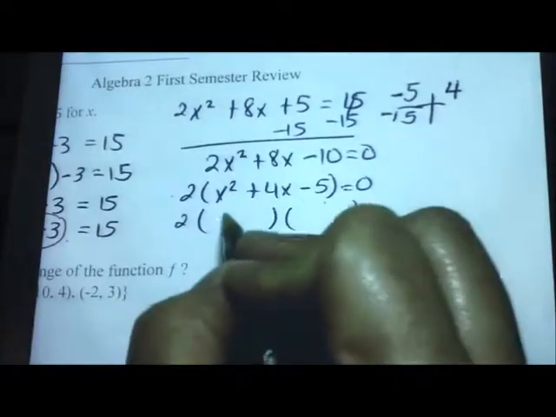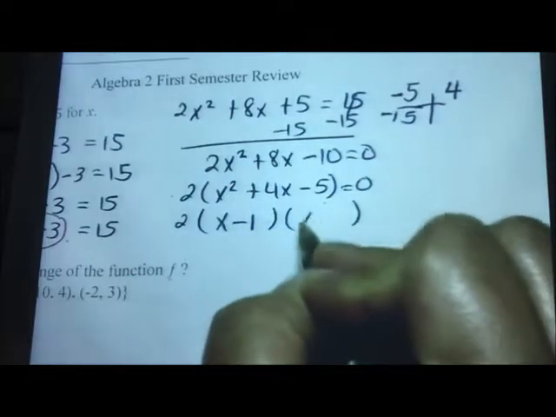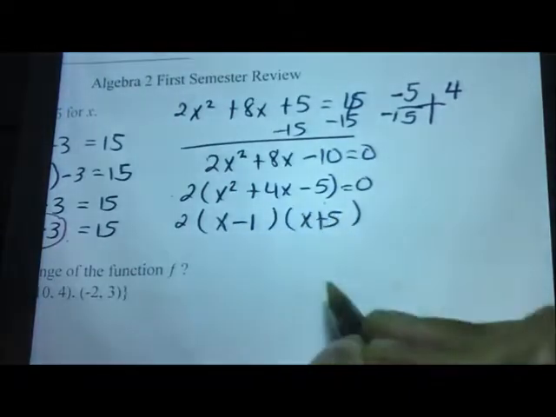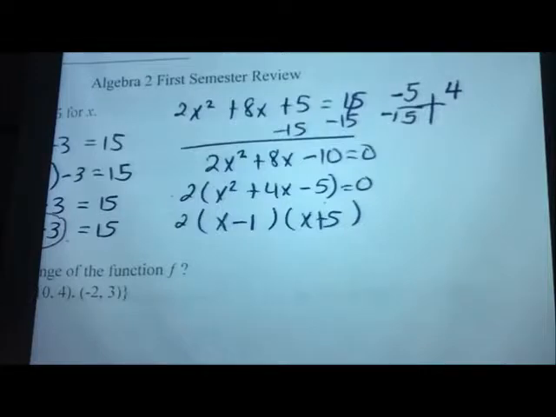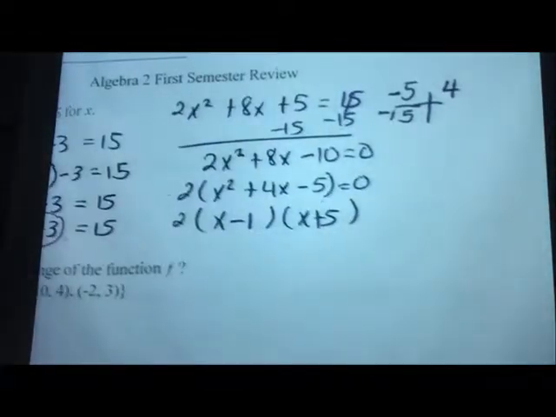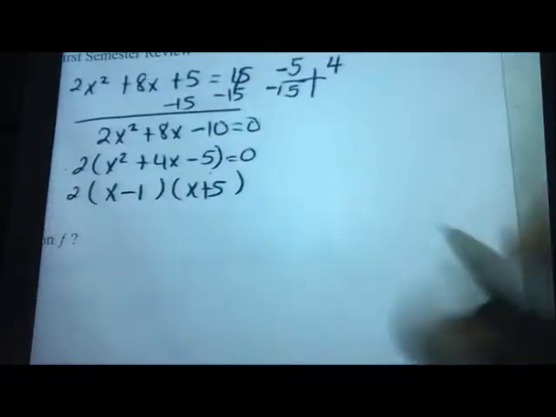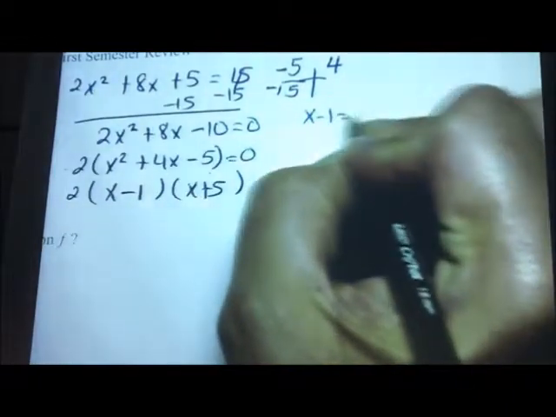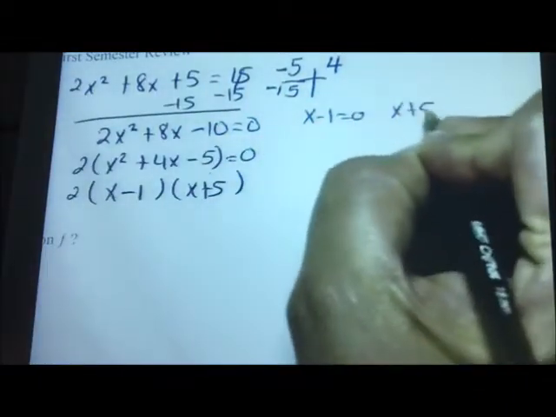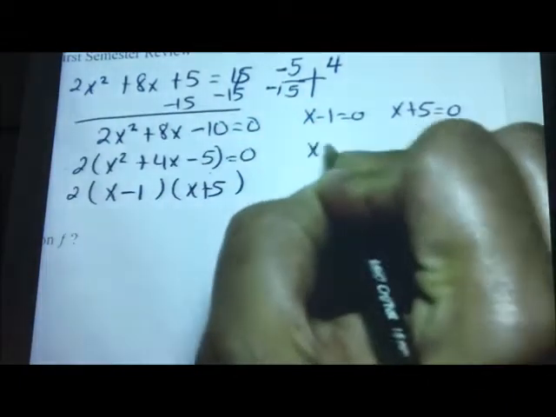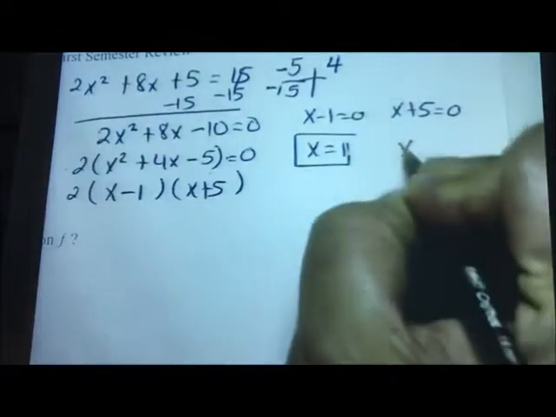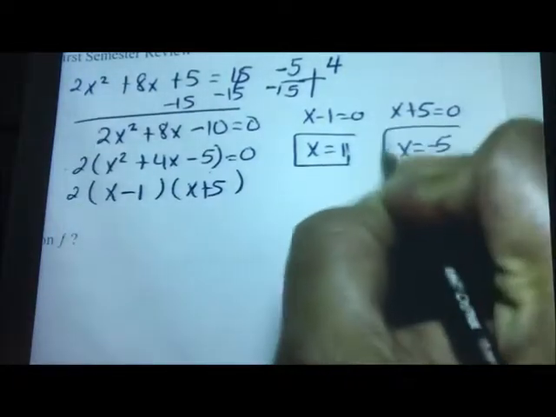So then my factors would be x minus 1 and an x plus 5. But those are factors, and the question says to solve. So please remember, you still need to set each one equal to 0. X minus 1 equals to 0. X plus 5 equals to 0. So x is 1. And x is a negative 5.